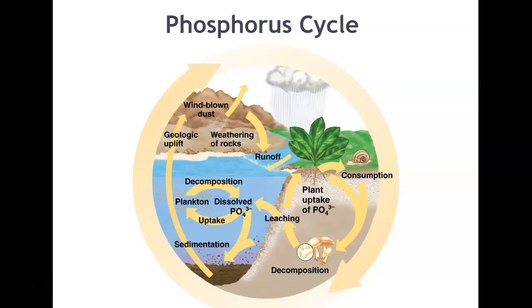There is a cycling of phosphorus in water too. It's one of those things that water organisms need as well to survive. Algae uses it to survive as well. But it comes a lot from the rocks and the weathering of rocks. And so that's why they have sedimentation and rock weathering as part of this cycle.